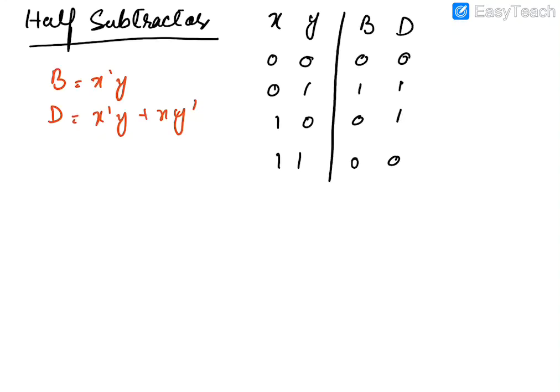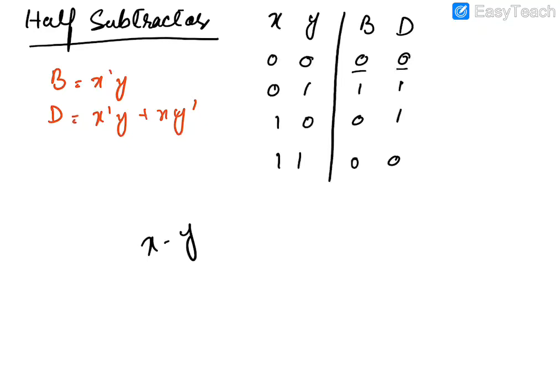So next is the half subtractor. You have to basically find x minus y. In this case you will need 2 outputs again, one for the borrow bit and one for the difference. So for x minus y, you will have 4 possible combinations of x and y: 0 0, 0 1, 1 0, 1 1. So 0 minus 0, the borrow bit is 0 and difference is 0.